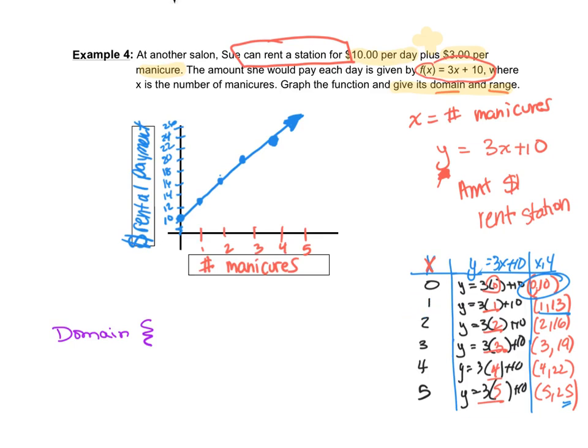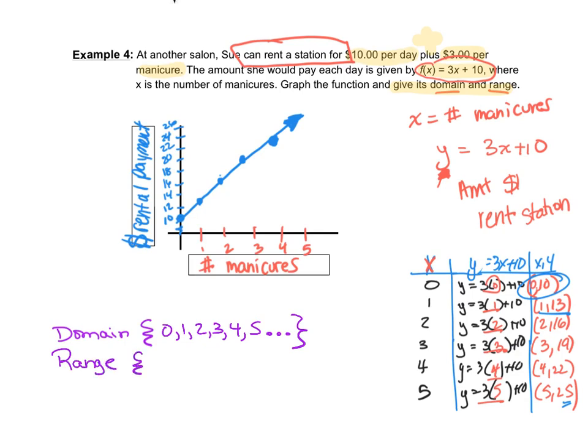You don't have any fractions in between. So you can't use an inequality that says x is greater than or equal to 0, because then that would be implying that you have values between the whole numbers. You want to make sure that you're describing only the whole numbers. So you're going to write it as 0, 1, 2, 3, 4, 5, dot, dot, dot, instead of x is greater than 0.